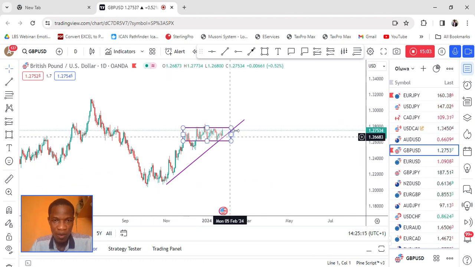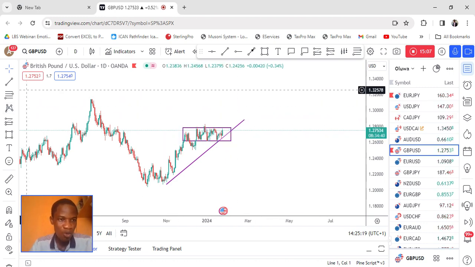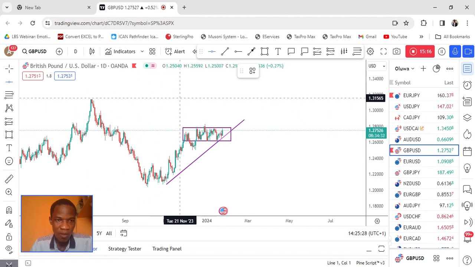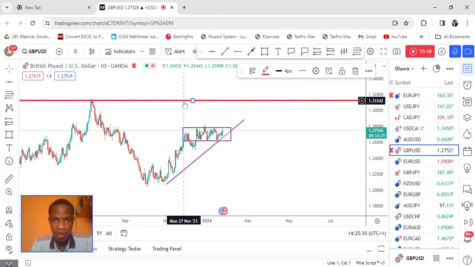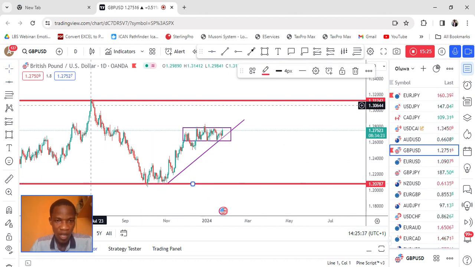So this may likely still go up. There's still possibility of this particular market to go up, then down to this. Let me draw our horizontal line here. So there's still possibility of the market coming down to this place to complete the head and shoulder. This is the head, this is the right wing.